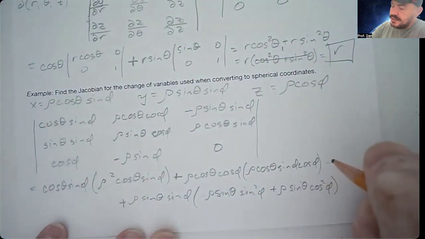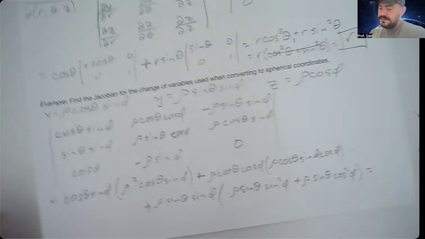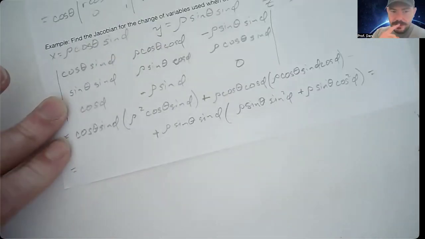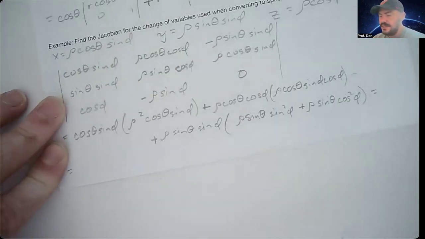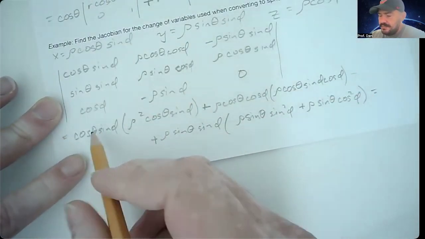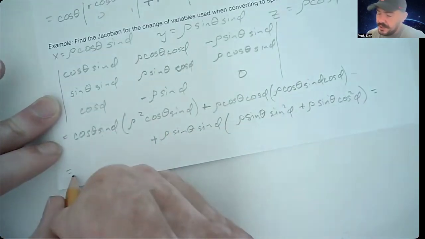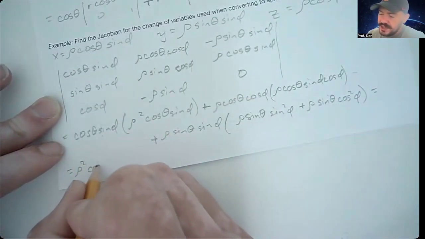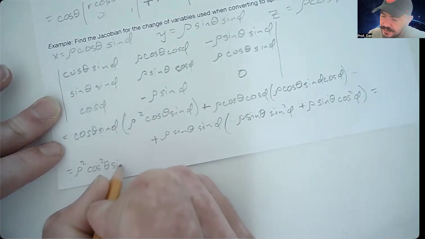Okay, so let's do a little bit of multiplying and conquering. Wait, that didn't sound right. Divide, we're not dividing. Anyway, if I multiply these together, I get rho squared, cosine squared theta sine squared phi.